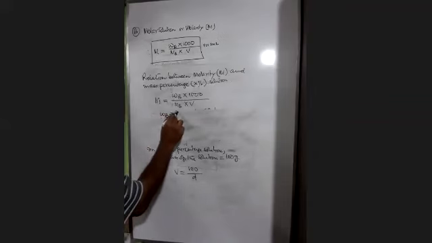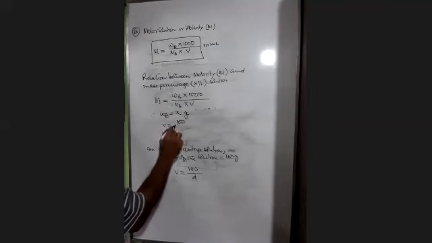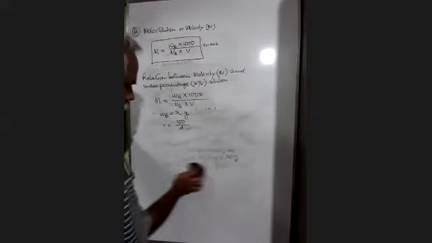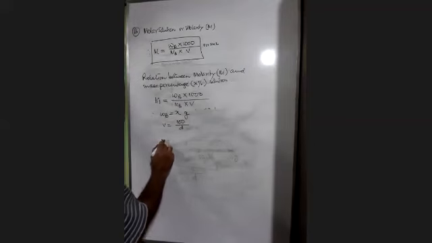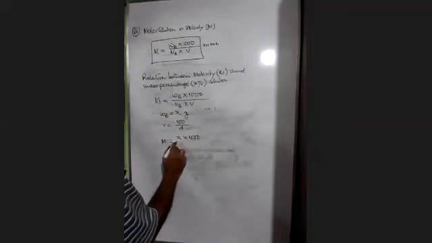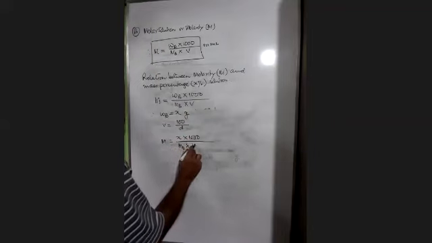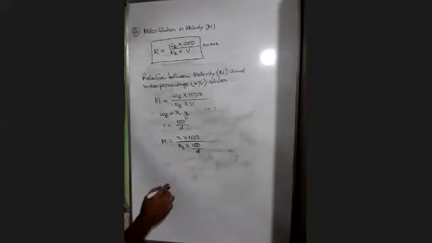WB is equal to X gram, and V is equal to 100 by D. So M will be equal to X into 1000 divided by MB into 100 by D. So D will come to the top.